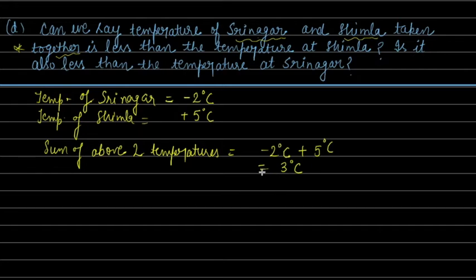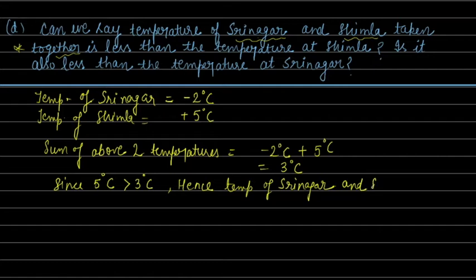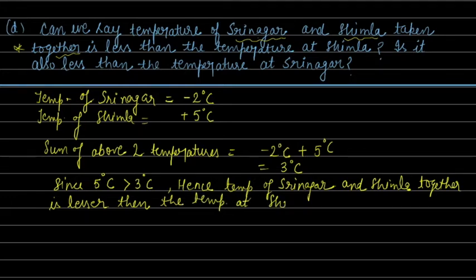Since 5 degrees Celsius is greater than 3 degrees Celsius, hence temperature of Srinagar and Shimla together is lesser than the temperature at Shimla, right?